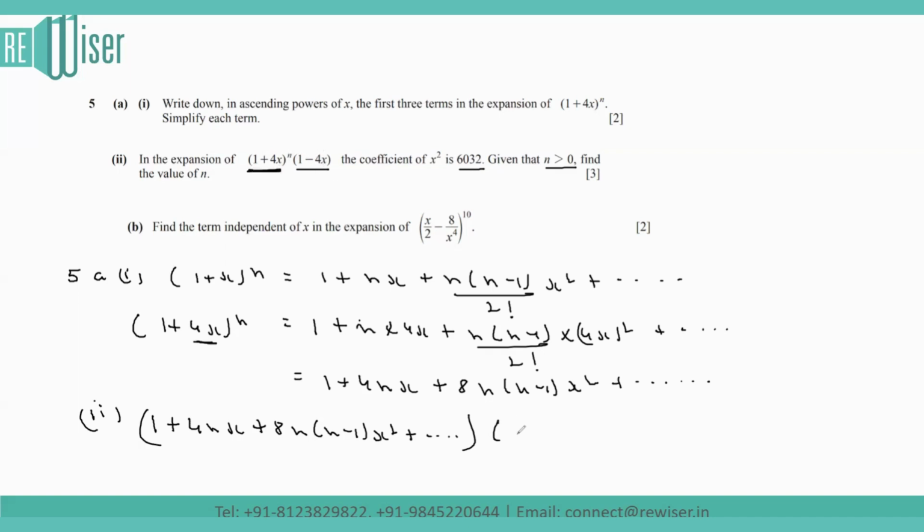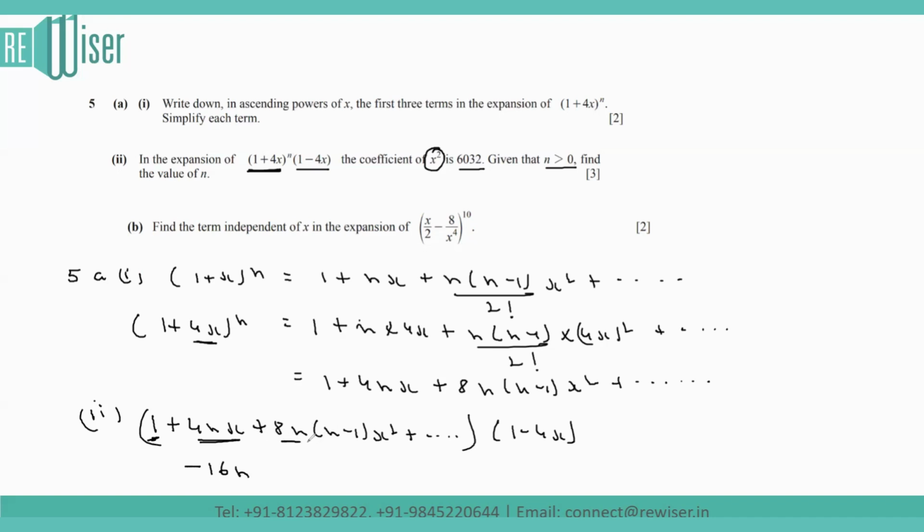Now, if I multiply it with (1 - 4x), and I'm trying to get the coefficient of x², that means this 1 shouldn't be multiplied with any of the factors over here to get x². Now, this 4nx has to be multiplied with -4x. So in that case, it becomes -16n, which is the coefficient of x².